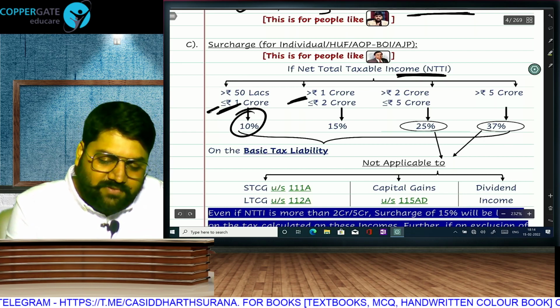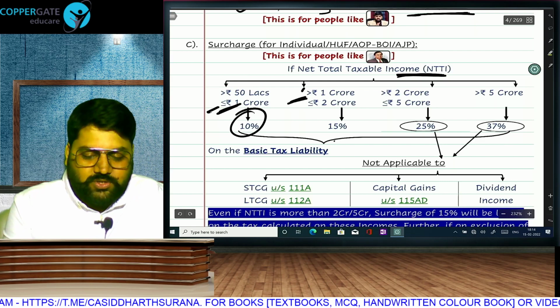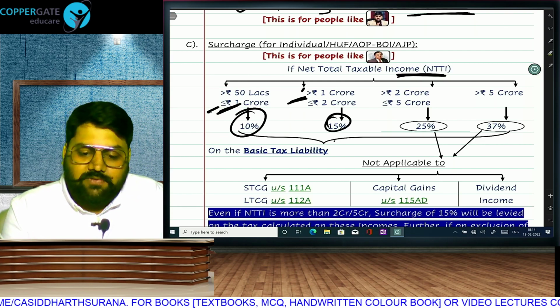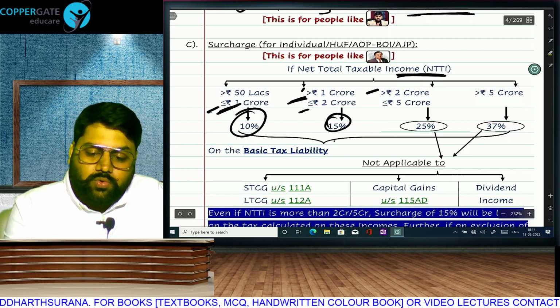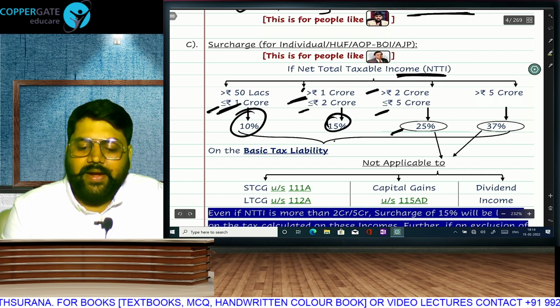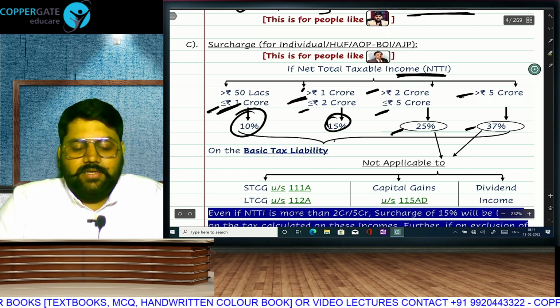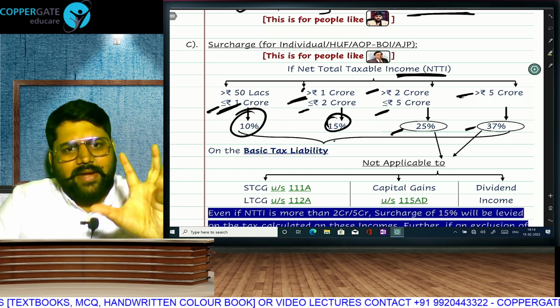If it is more than 1 crore and up to rupees 2 crore, then surcharge will be 15%. Equal to 2 crore will come here. More than 2 crore up to 5 crore, 25%, and more than 5 crore will be 37%. These are not slabs. You look at the income figure.